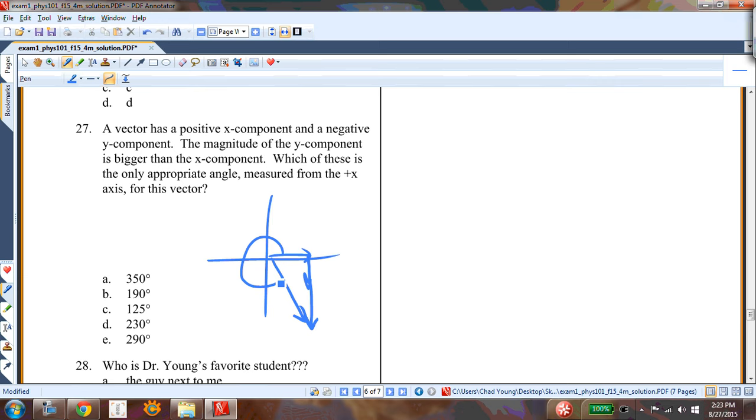Well, this vector has to be somewhere in that fourth quadrant. It has to be bigger than 270, and then it has to be less than 270 plus 45, so it has to be less than 315. So somewhere between 270 and 315, that's going to be E.